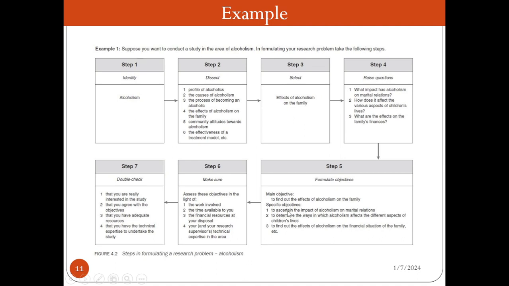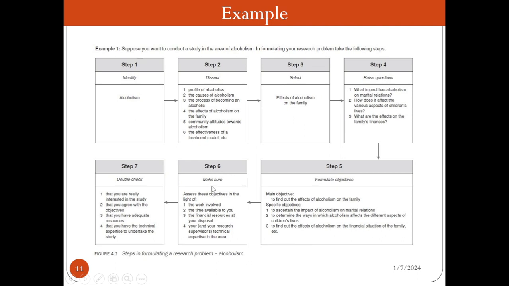And then here are specific objectives. The first one is a little bit more general. So down, number 1, 2, 3, they are a little bit more specific. To ascertain the impact of alcoholism on marital relation, to determine the ways in which alcoholism affects the different aspects of children's lives, to find out the effects of alcoholism on the financial situation of the family, etc.